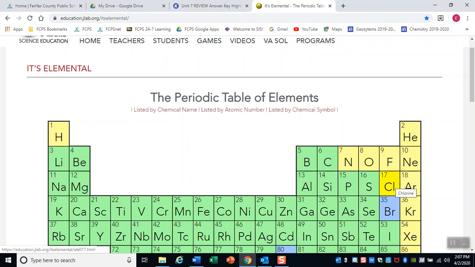Chlorine has 7 valence electrons, just like fluorine and bromine. And these are your diatomic elements, here's that 7 I was talking about earlier. So there's 7 of them, 1, 2, 3, 4, 5, 6, and then hydrogen is also diatomic.